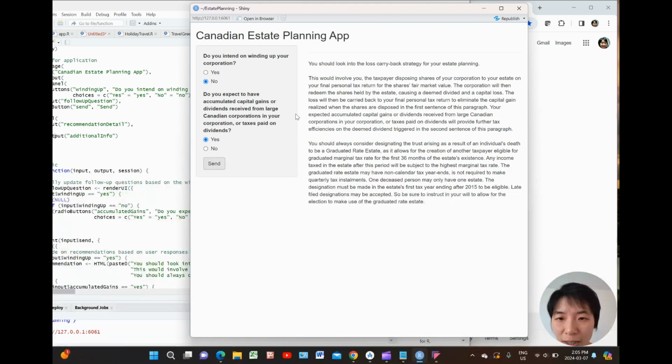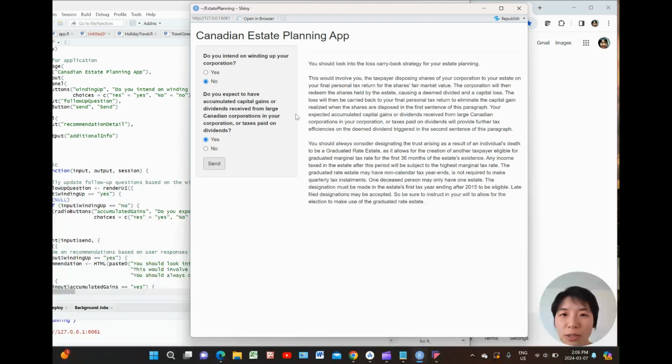held by the estate, causing a deemed dividend and a capital loss. The deemed dividend is the difference between fair market value and paid up capital of the shares. And the capital loss is between the adjusted cost base of the shares and the paid up capital of the shares.